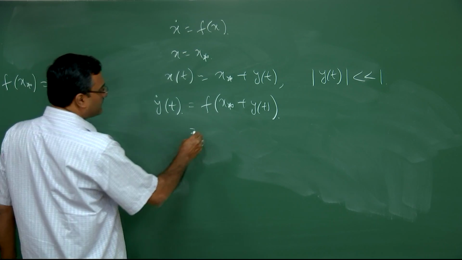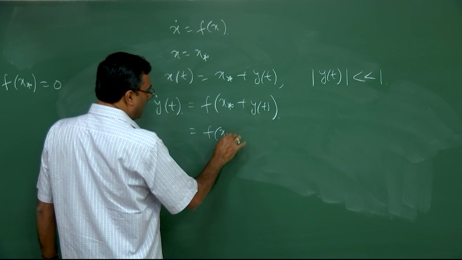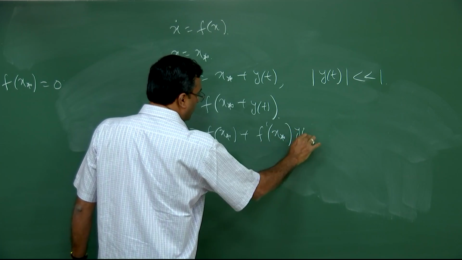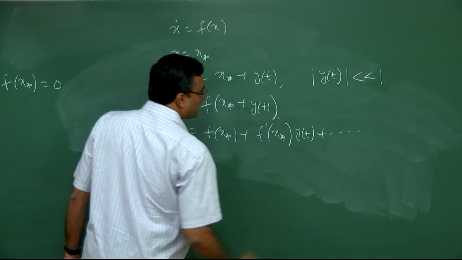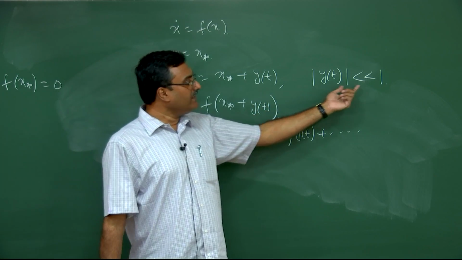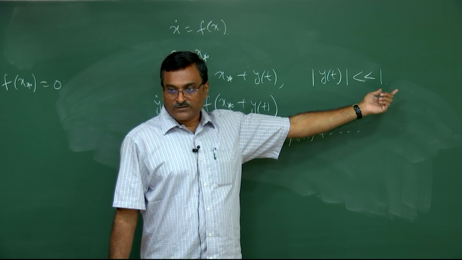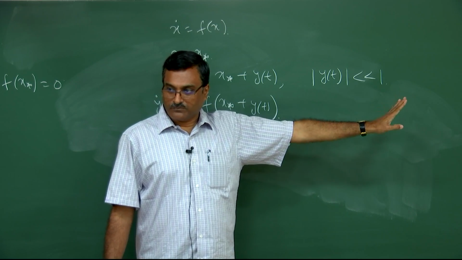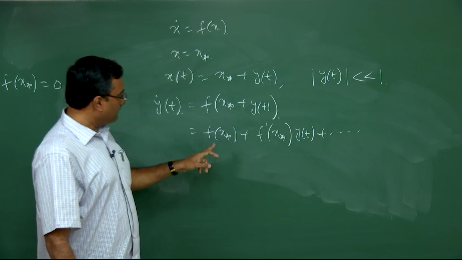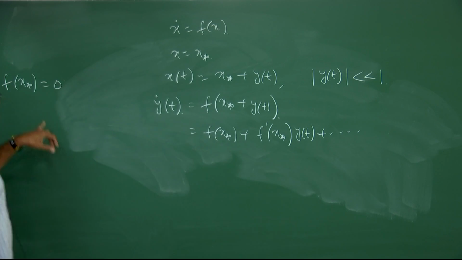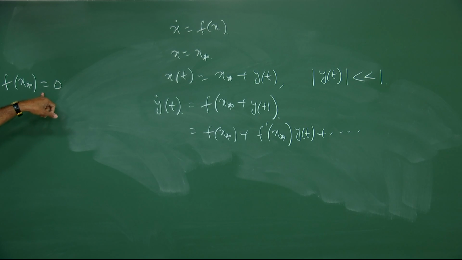So if you expand in Taylor series, you will have f(x*) plus f'(x*) times y(t) plus higher-order terms. As we have assumed that y(t) is much less than 1, we can discard second and higher order terms of y, and by definition x* is an equilibrium point, so f(x*) is equal to 0.